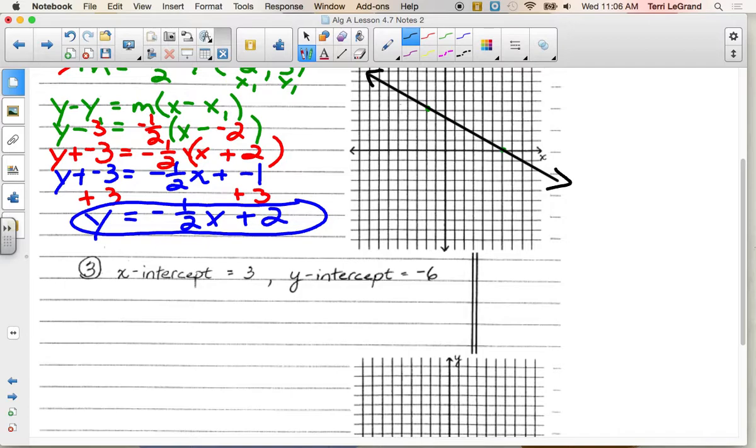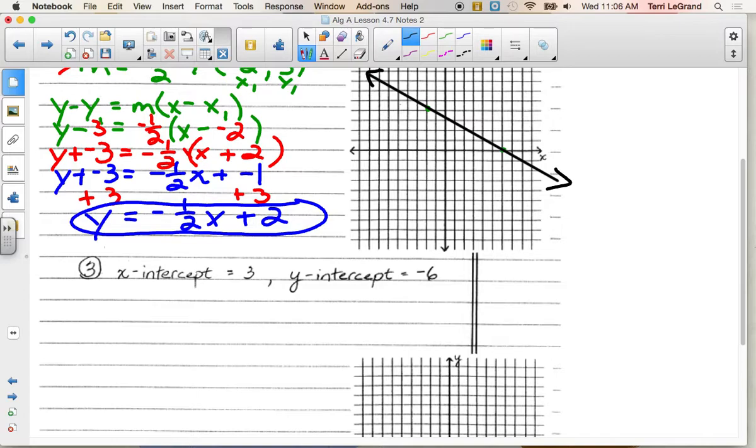And then asking ourselves, do we like what happened? According to us, we got a negative slope. Does our line have that kind of behavior? It does. It's falling from left to right.